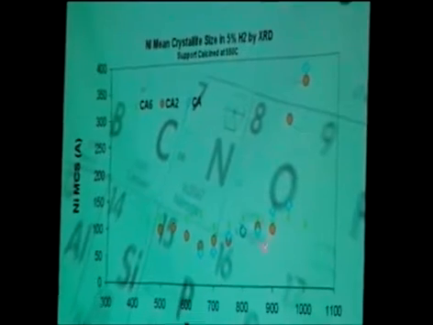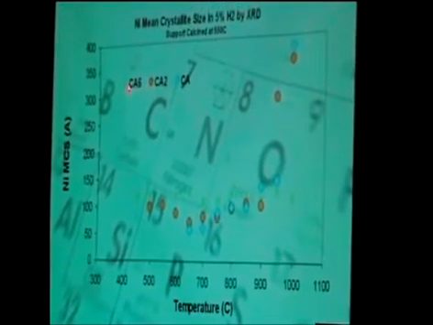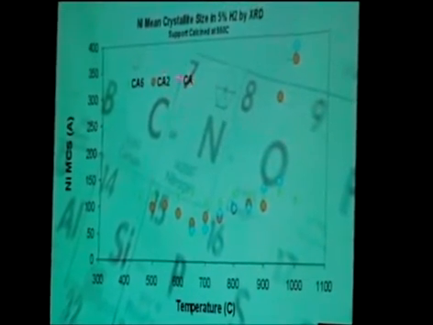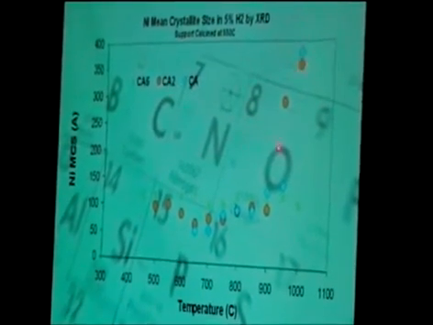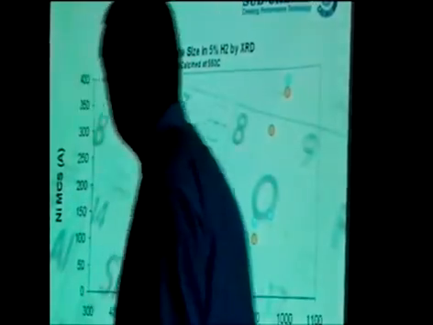The nickel cannot be reduced. And for this higher calcium support, the nickel oxide crystal size increases quite rapidly at high temperatures. But this hex aluminate pretty much stays there.